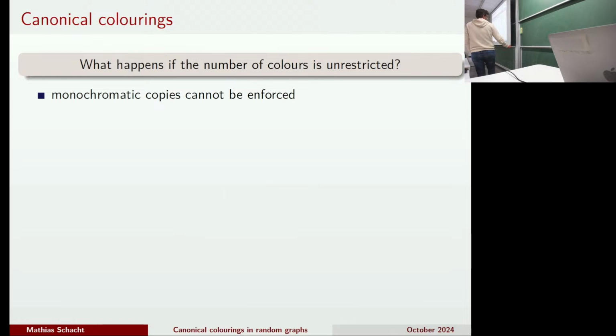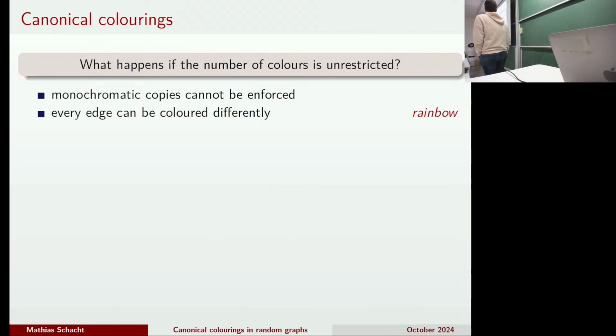Of course, it's rather immediate that in that situation you cannot look for monochromatic copies anymore, because the enemy, or the person who colors the graph, could just do an injective coloring. For every edge it uses a different color. So I must be prepared to also be happy with such copies. Those copies are rainbow, and maybe I'm happy with them.